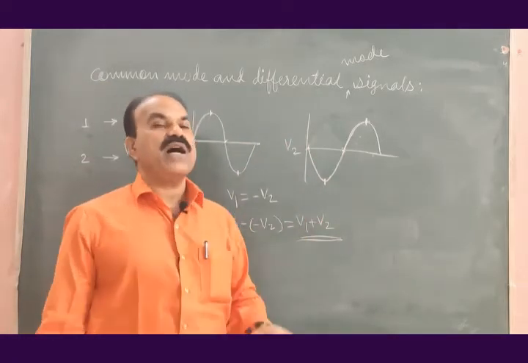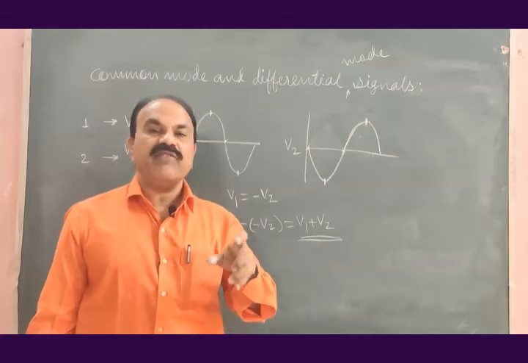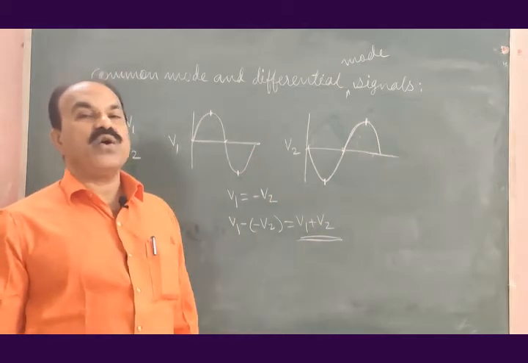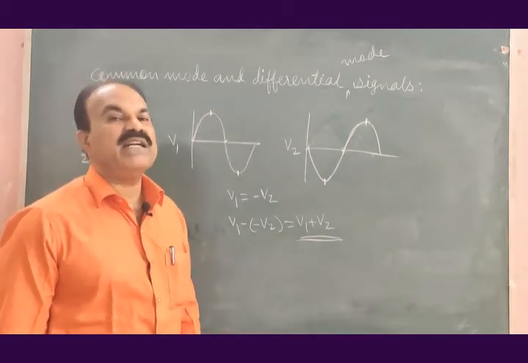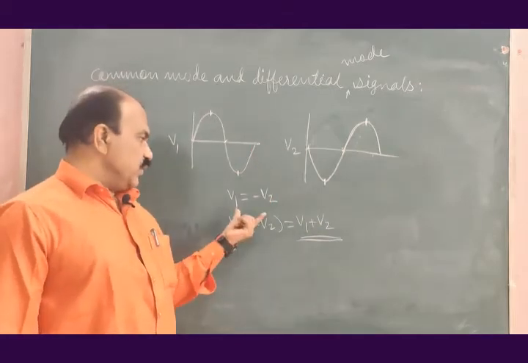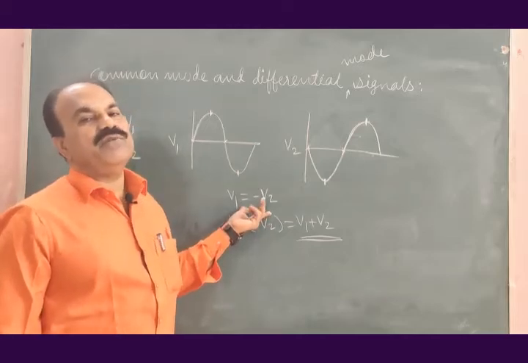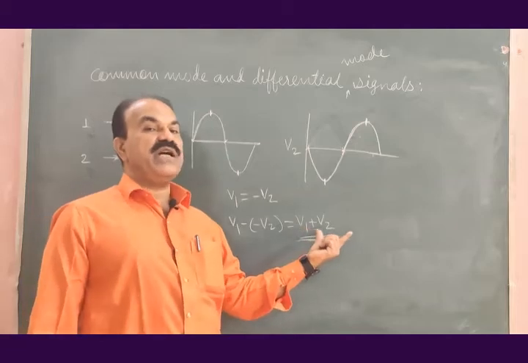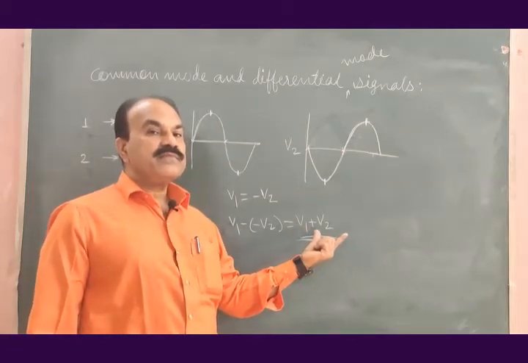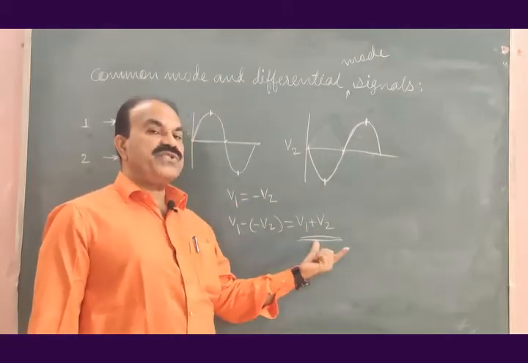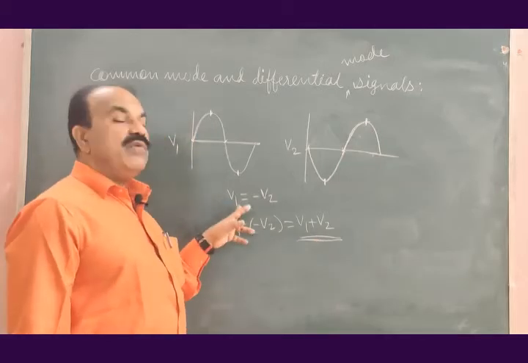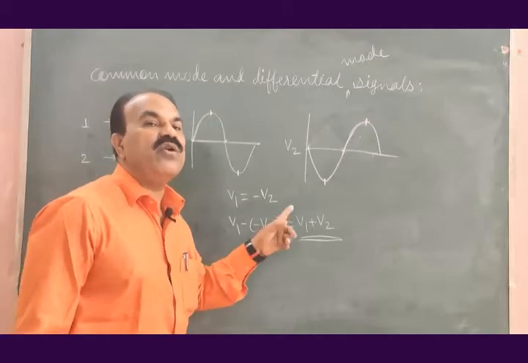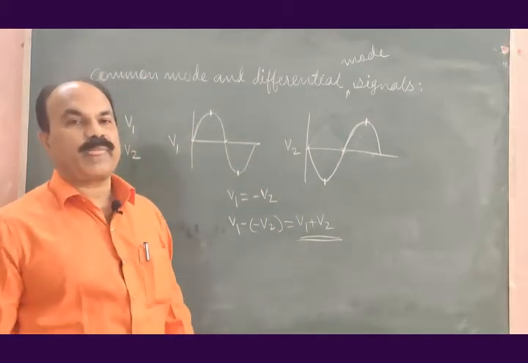As these two voltages are out of phase by 180 degrees, we can write the equation V1 is equal to minus V2. And therefore the difference of these two is always approximately 2 times V1 or 2 times V2.